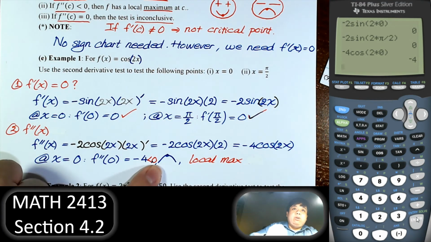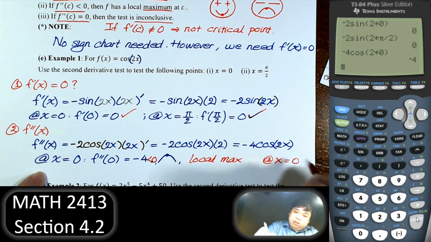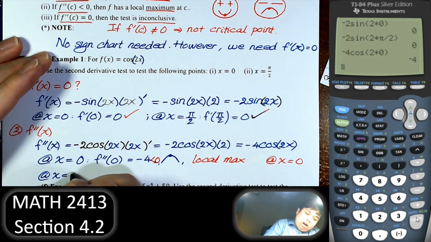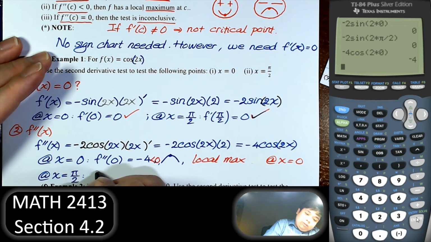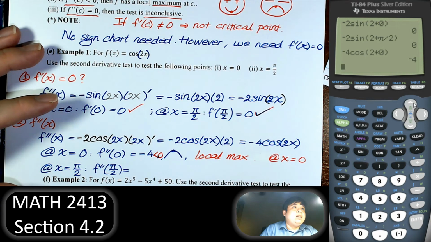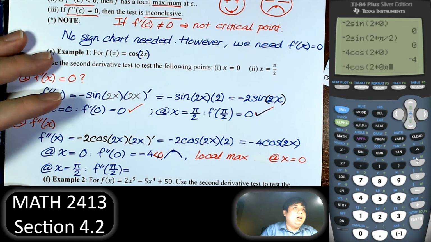Since it's concave down, a local max will occur when x equals 0. Now we test for x equals pi over 2. So we do that: pi divided by 2.